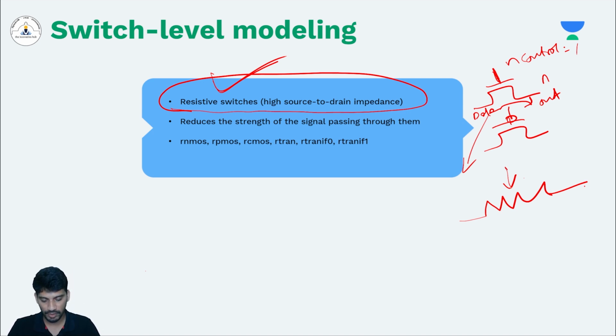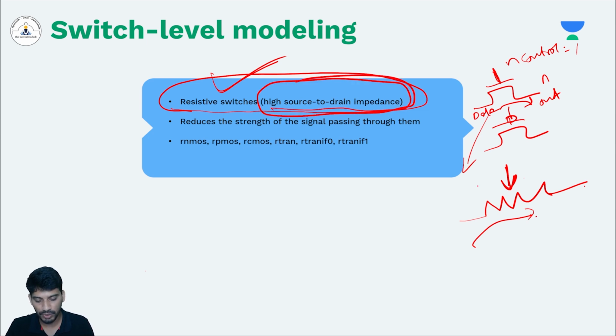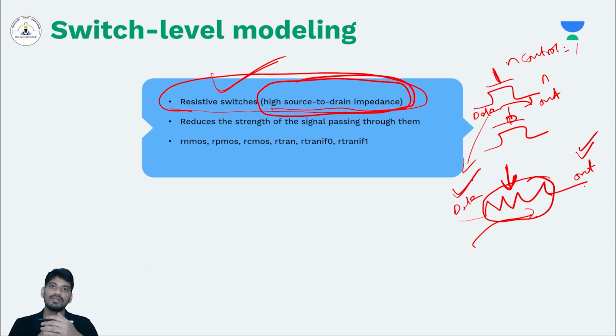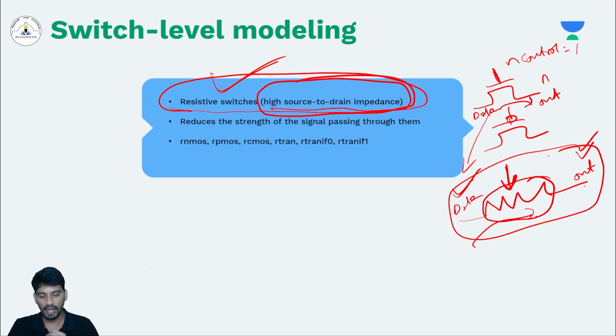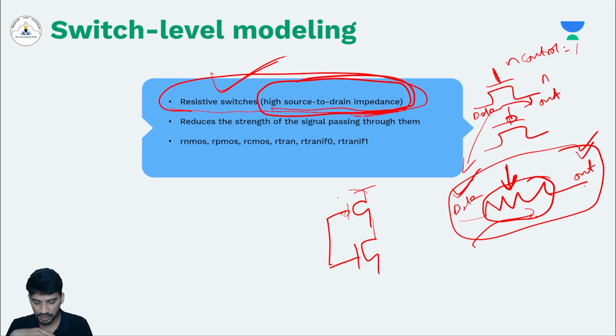There is no signal strength reduction. But in the case of a resistive switch, there will be a high source to drain impedance between these two terminals, data and output, right? So the strength of the signal present at the input side will be reduced, which is like a real world case. Ideally, your strength won't reduce if your output impedance is low. But in real world circuits, if you design any CMOS circuits, the transistors are not ideal.